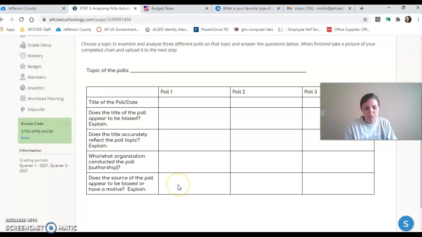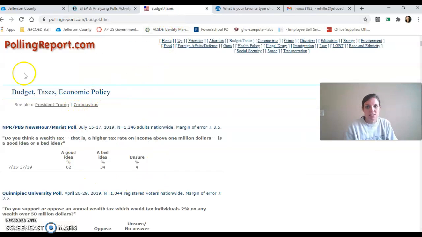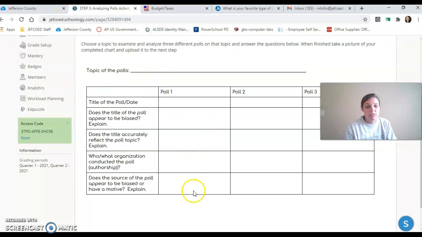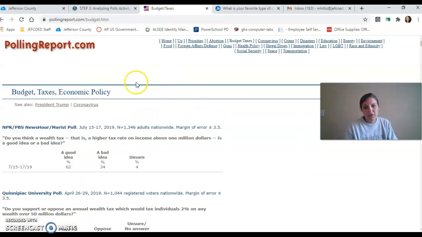And does the source of the poll appear to be biased or have a motive? So again, you're going to have to analyze it and try to figure that out, but make sure you offer an explanation as well. So once you're done analyzing one poll, then you'll just move to the next one. You're not going back to pick a different topic. Same topic.